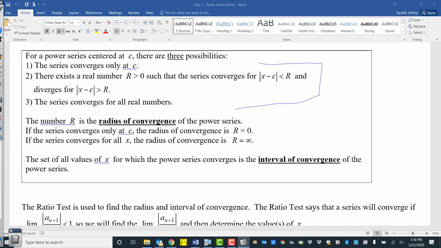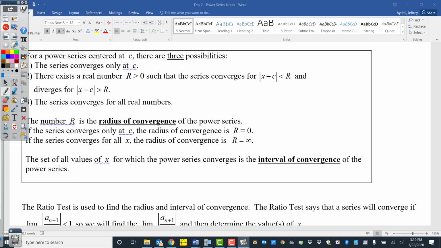Nothing else. It can either only converge at c, it will either have an interval of convergence, or it will converge for all real numbers. Well, it doesn't converge for all real numbers. It doesn't have an interval of convergence, so the only place it'll converge is at c.